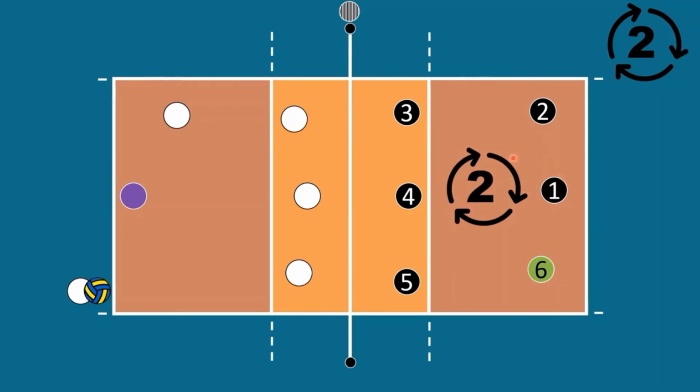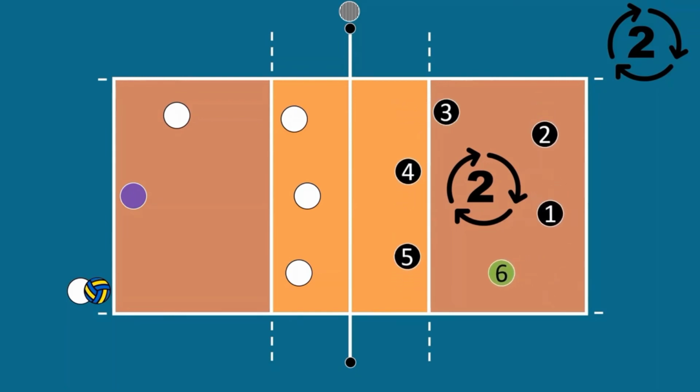So if we keep on winning the points, then we don't need to move our players. Only when we lose a point and then again we win the point, then we need to rotate. Here in rotation 2, everyone moves 1 position in the clockwise direction.